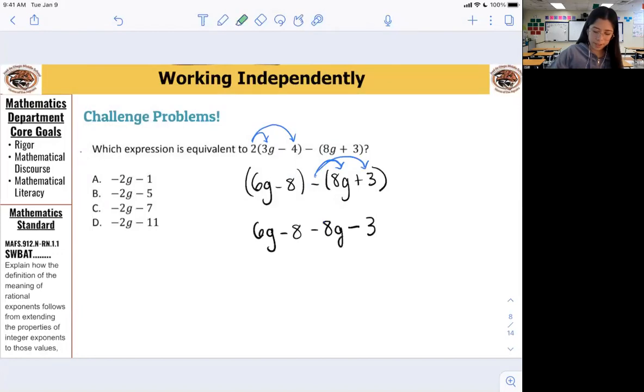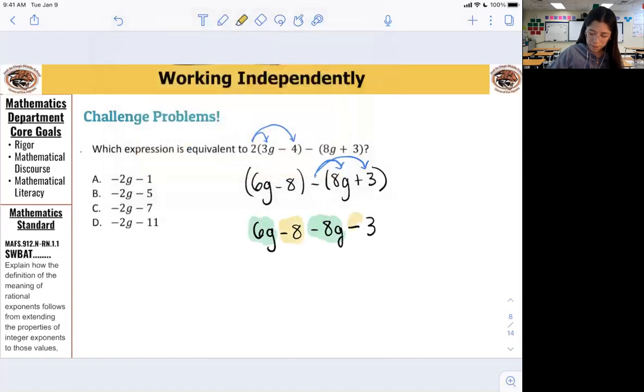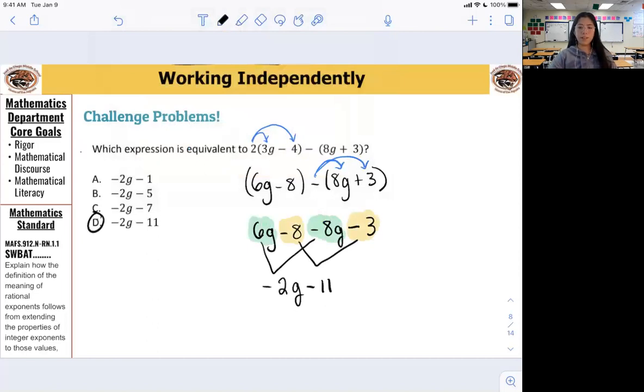So combining like terms, this is where we got to be very careful with our addition and our subtraction. 6 minus 8, well, okay, what does that give me? -2. Negative 2. Good. And then negative 8 and negative 3. What does that give me? Negative 11. So it makes it D. D is our answer choice.